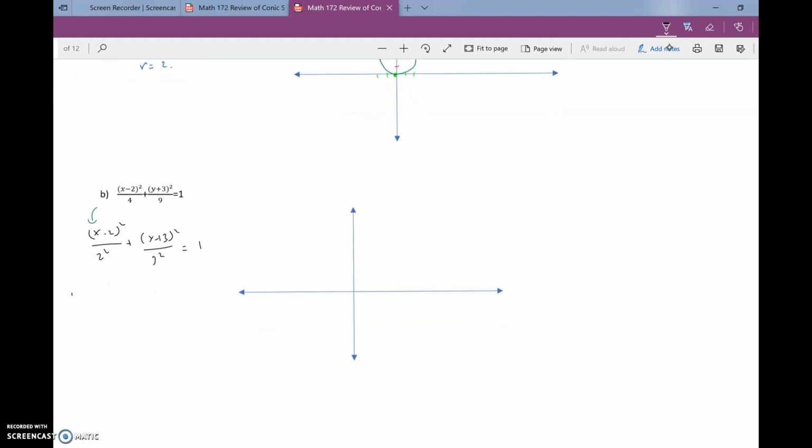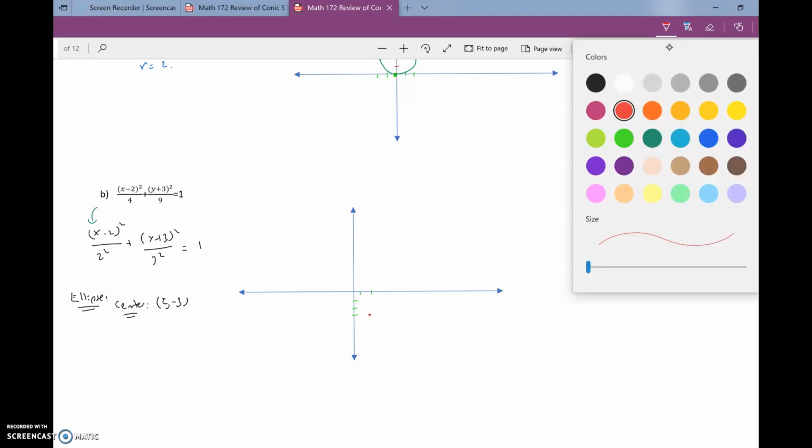So technically this one is an ellipse with the actual center at 2, -3. So let me actually put the center there. So this is 2, -3, 1, 2, 1, 2, 3.